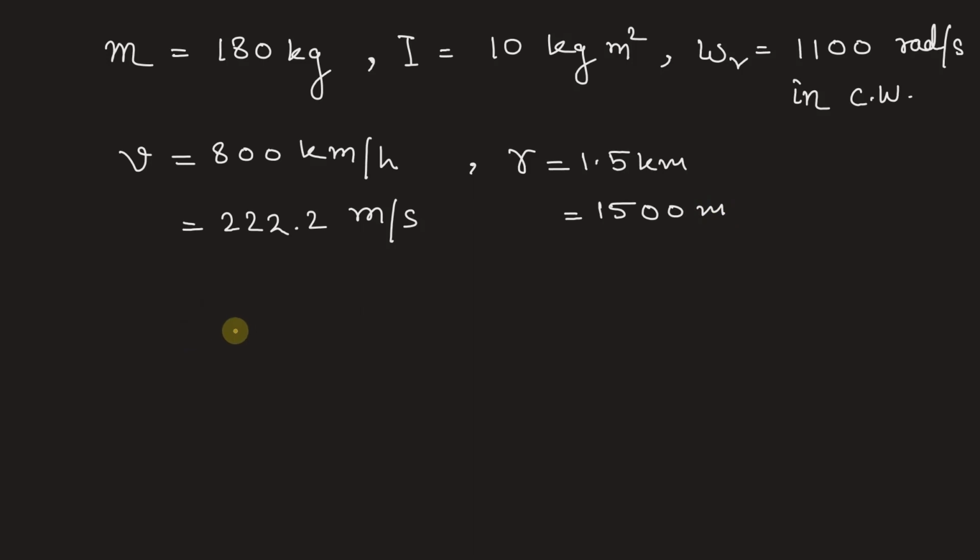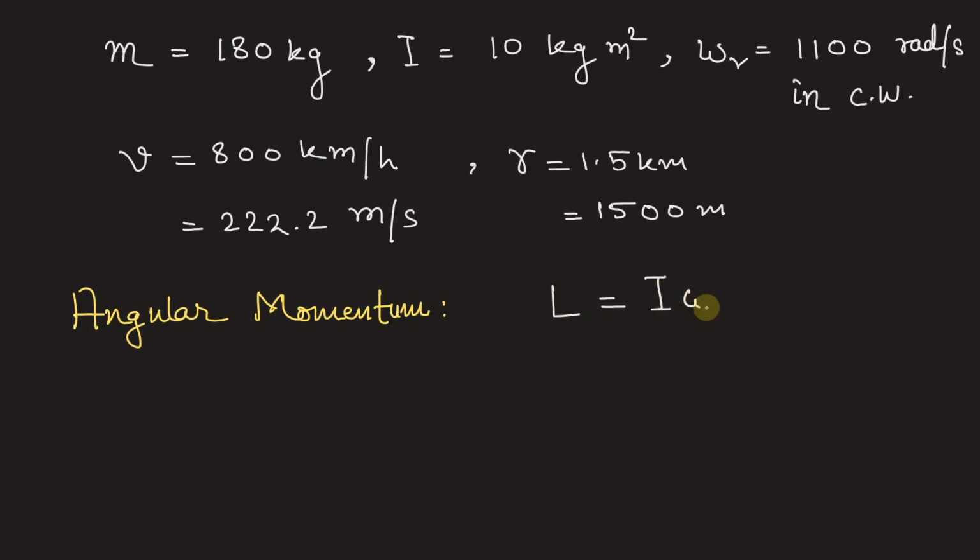Now the angular momentum of the rotating rotor is given by L is equal to I into omega. The change in this angular momentum, delta L, can be written as L into delta theta. Therefore, delta L will be equal to I omega delta theta.